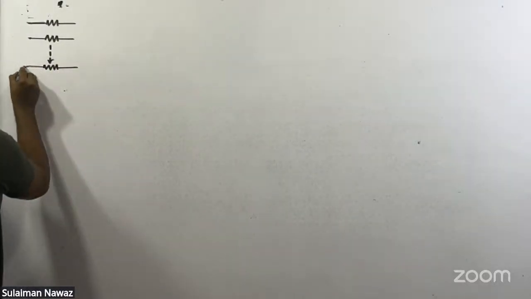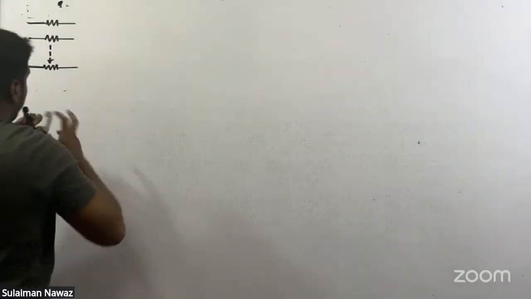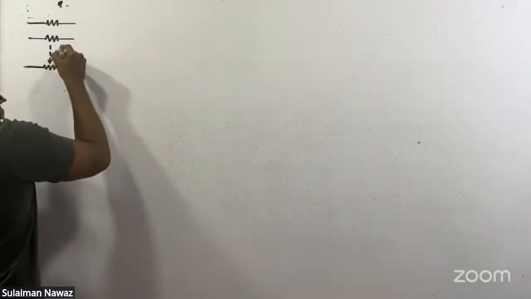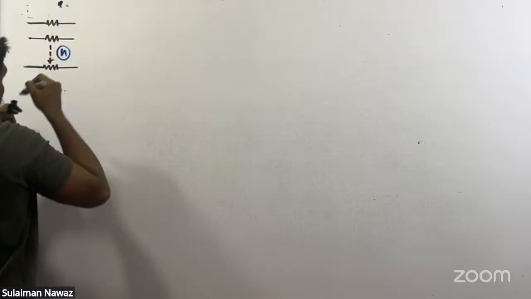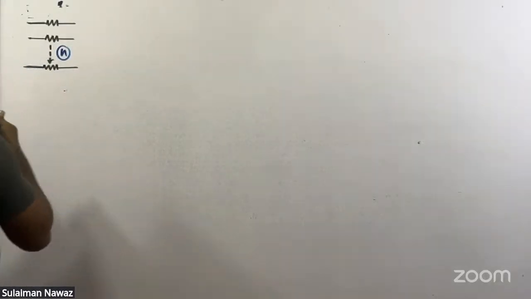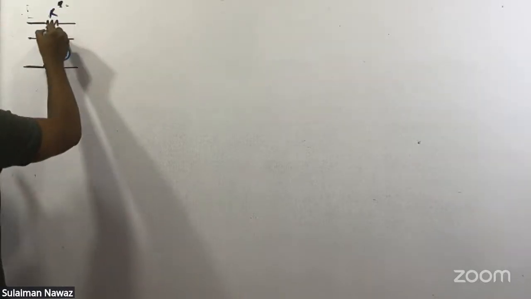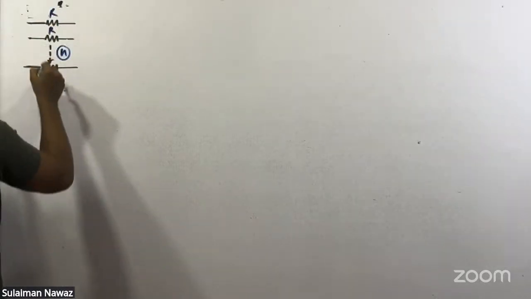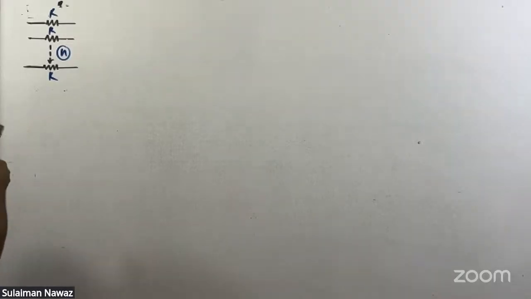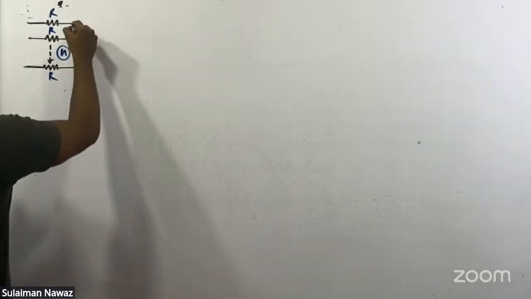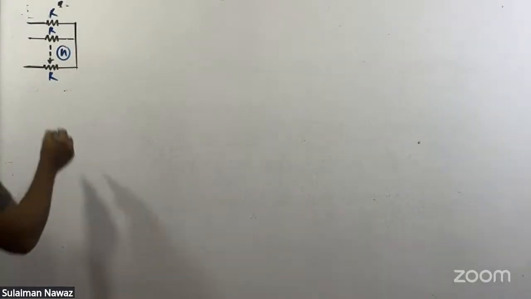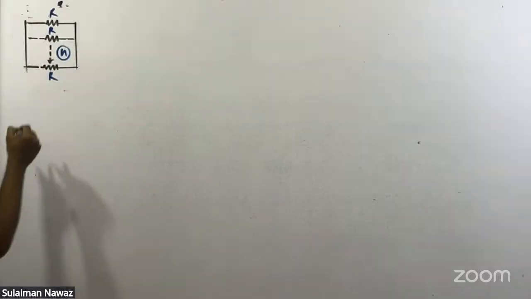In that case, how can you find the equivalent resistance? The resistance of each resistor is going to be capital R. Now these are in parallel, so you can derive it.